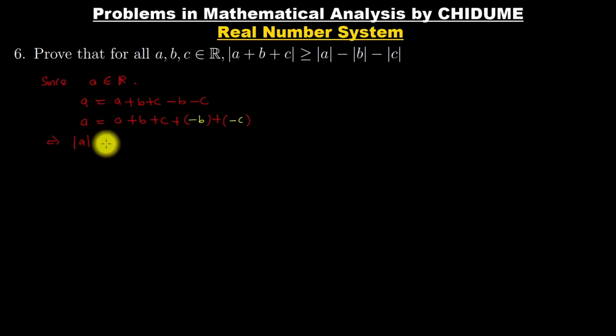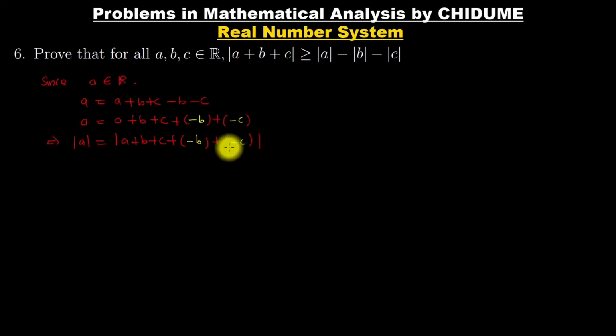That means I'm going to have the absolute value of a equal to the absolute value of a plus b plus c plus negative b plus negative c. So I can close the absolute value here.